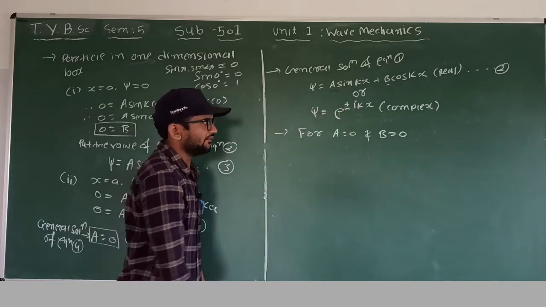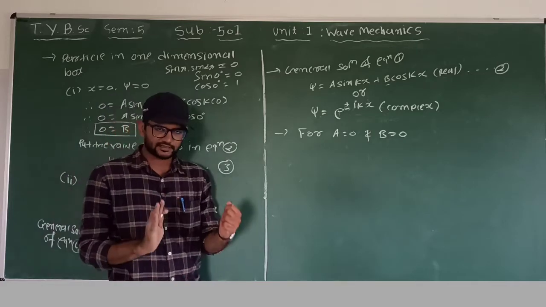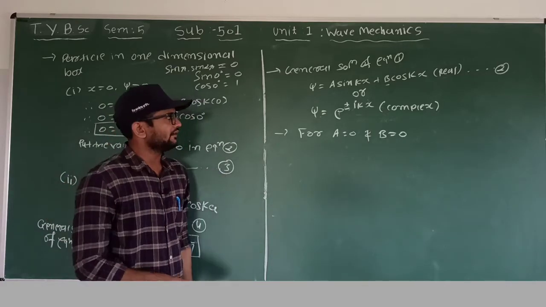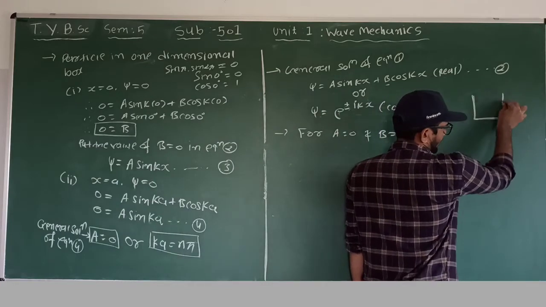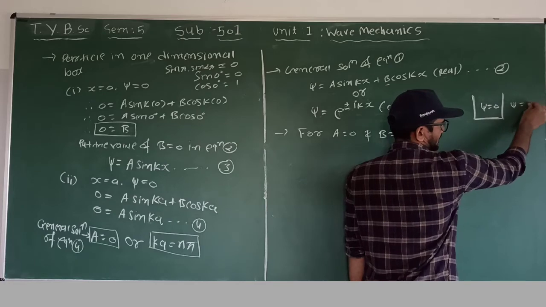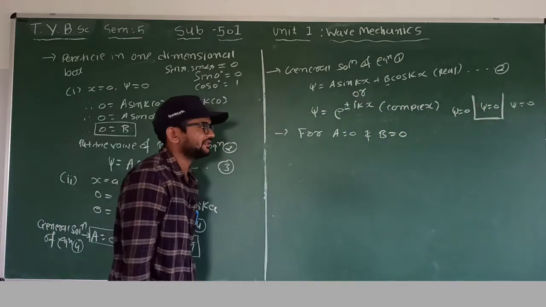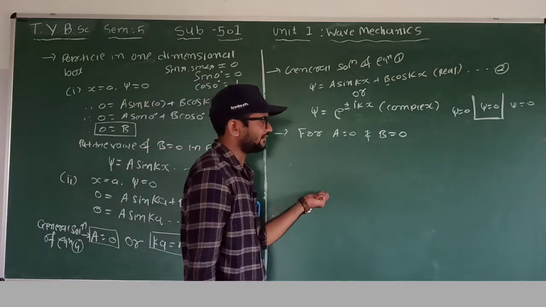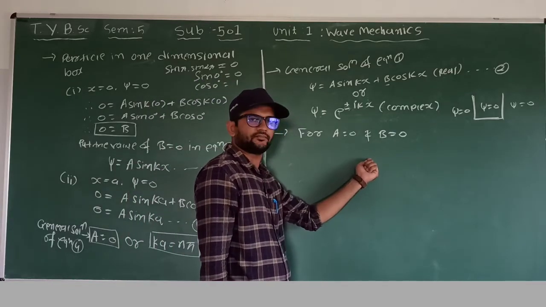It means the value of psi is equal to 0 at any condition, inside the box as well as outside the box. Psi is 0. It means there is no particle in this case, but we consider a particle which is traveling along the x direction.